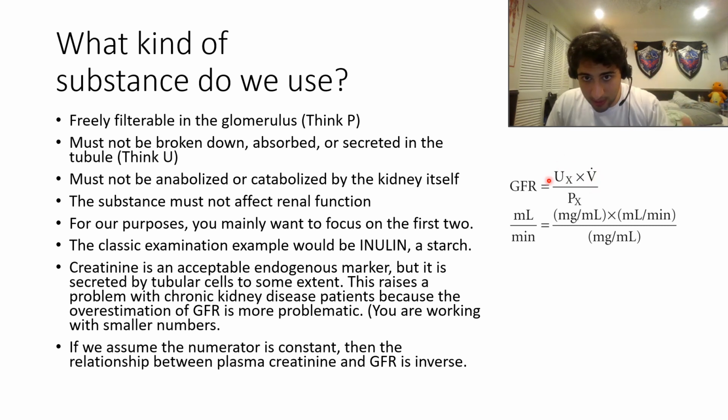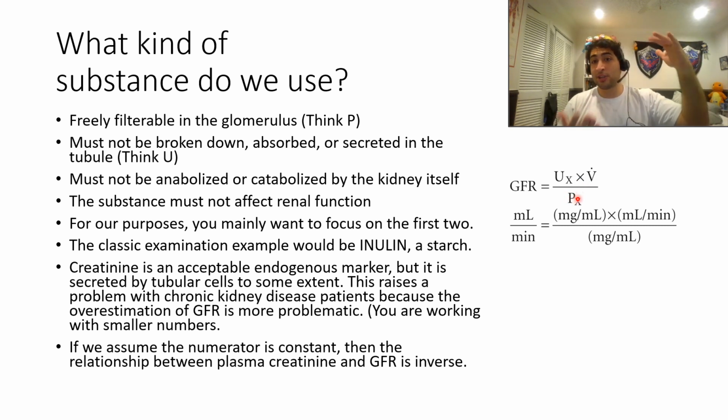So if we assume that this is constant, there's an inverse proportionality between the GFR and the concentration of the substance in the plasma, such that as the concentration of the substance in the plasma increases, the GFR is decreasing, which kind of makes sense. If creatinine is something meant to be cleared by the kidneys and isn't secreted to a tiny amount by tubular cells, if the creatinine in the plasma is going up, it means it's not being filtered. So there's a logical association with it.